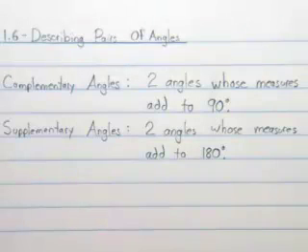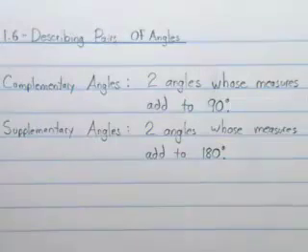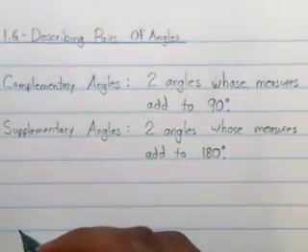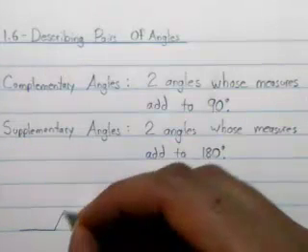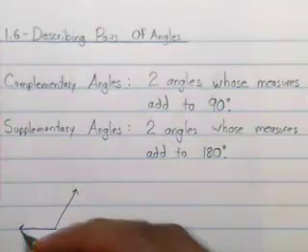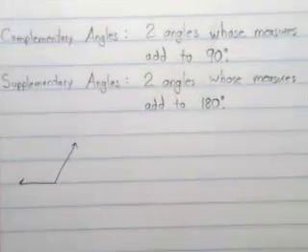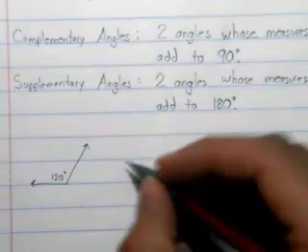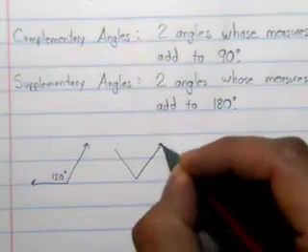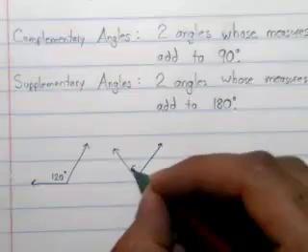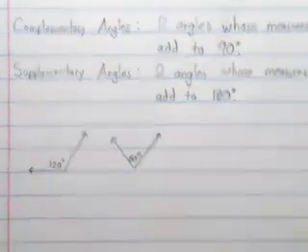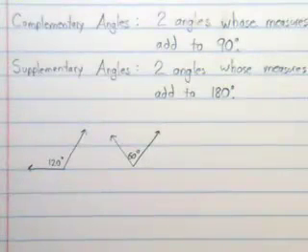They don't have to be right next to each other. So if I had this particular angle, and I measured it and it was 120 degrees, and I had this other one like this, and I measured it, and it was 60 degrees, these two angles are supplementary because their measurements add up to 180, but they're not adjacent.